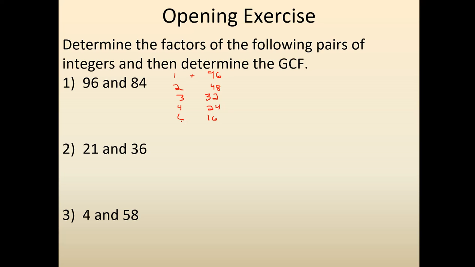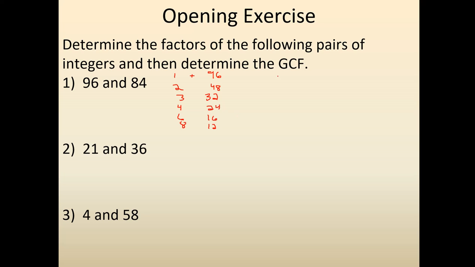Divided by 8 is 12. Once you start seeing that these numbers are getting closer and closer, you can basically stop there. Divided by 9 is nothing, divided by 10 is nothing. And now when we get to 11, we're not getting any whole numbers. So this is the end of my factors for 96.